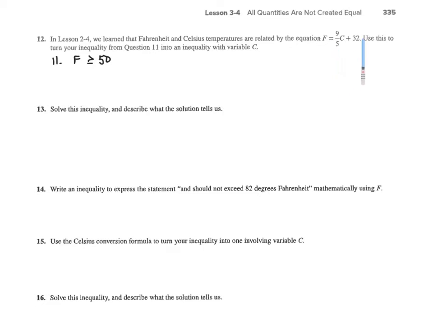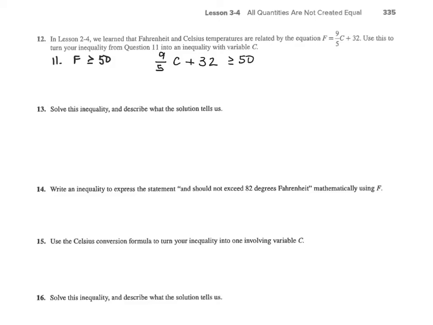So it appears that I could substitute this 9/5 C plus 32 in for F right there. So let's do that right now. Okay, there's our F, and then greater than or equal to 50.